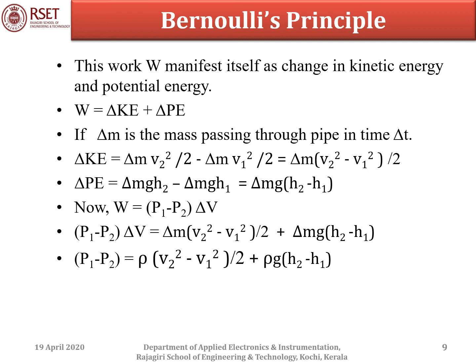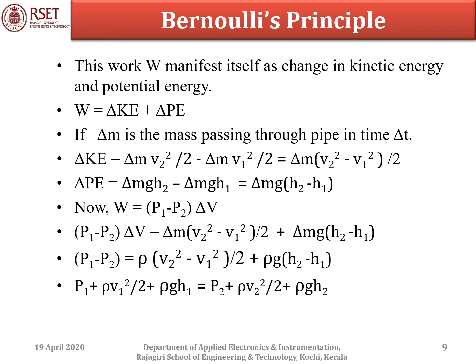On the right side, wherever there is delta m by delta V, that is mass divided by volume, that gives you density rho. So we substitute delta m by delta V times rho everywhere on the right side, and we obtain this expression. Now we can rearrange this to obtain P1 plus rho v1 square by 2 plus rho g h1 equal to P2 plus rho v2 square by 2 plus rho g h2.